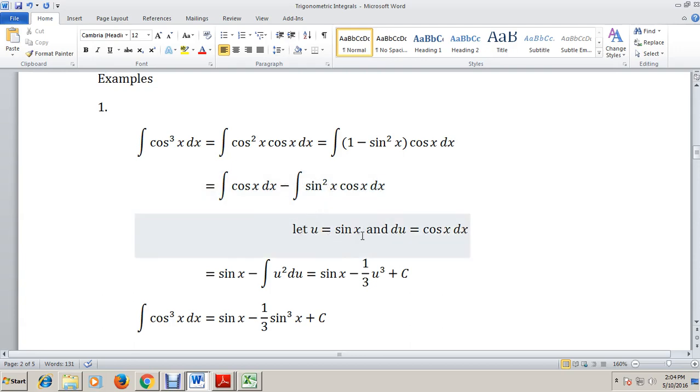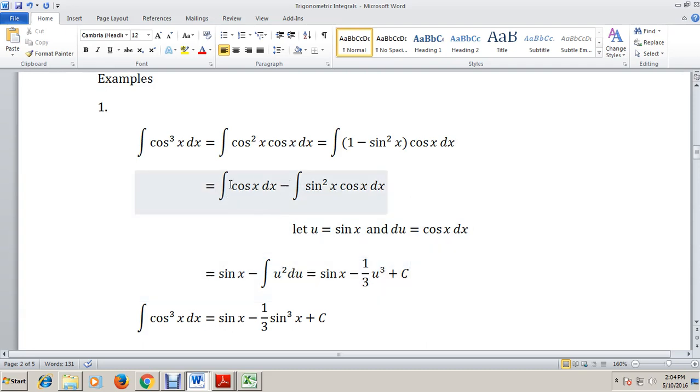So let u equal to sine x, realizing that du is equal to cosine x dx. If we let u equal to sine x, then sine square x becomes u square, and cosine x dx becomes our du. So this second form of the integrand becomes negative integral of u squared du.